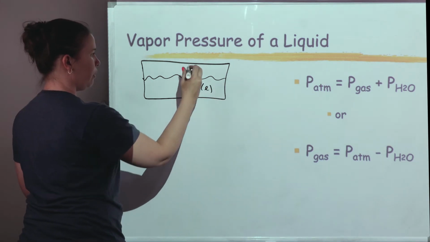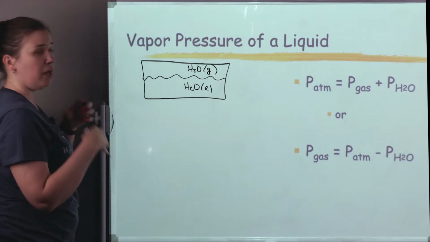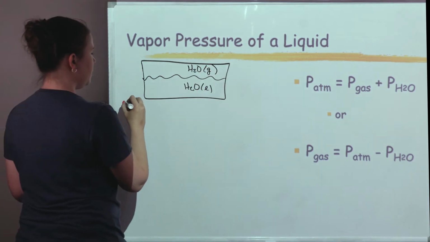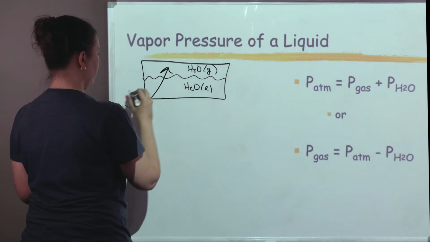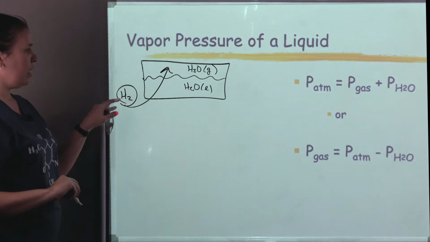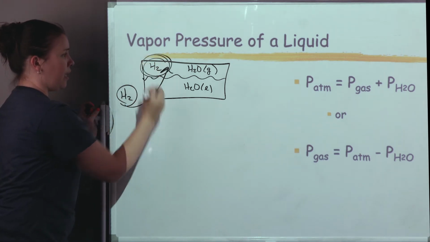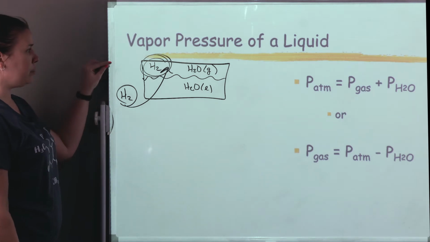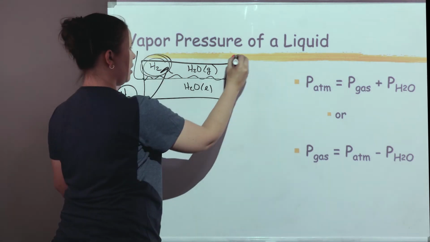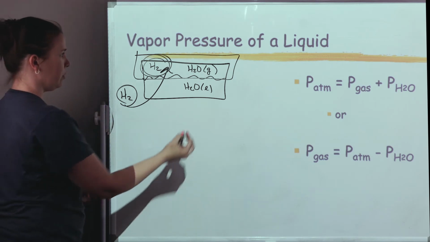If I have liquid water here, I also have water vapor above. So if I am collecting by displacement of water, if I am putting some kind of gas into the system, let's say hydrogen gas, and I want to then find how much hydrogen gas I have, the problem is that the pressure in this entire area would basically be contaminated by water.